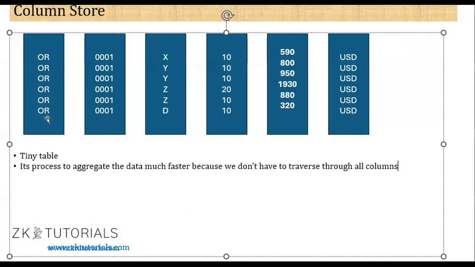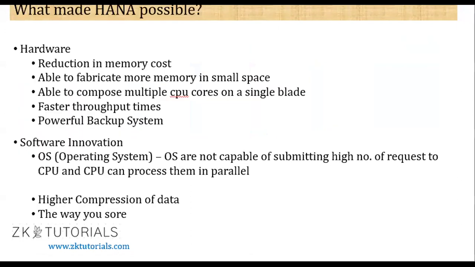The second advantage is that in the past, to speed up data access, we needed to create secondary indexes. For example, this is our row store.